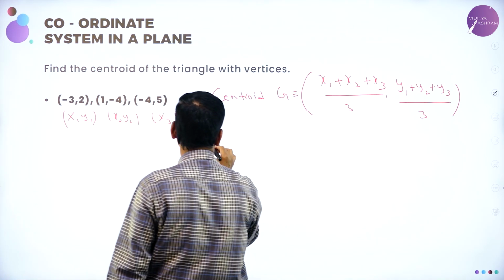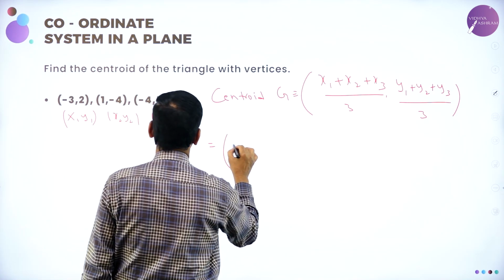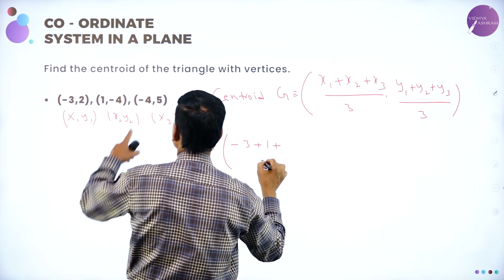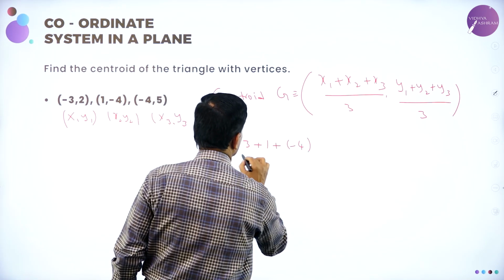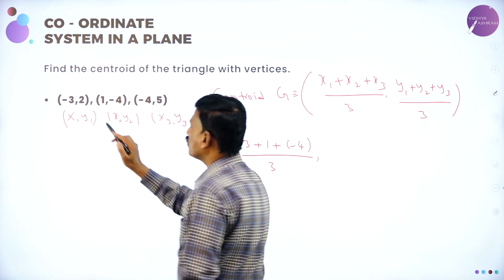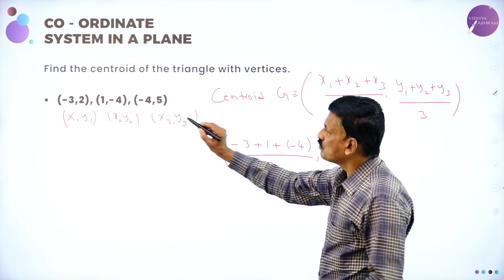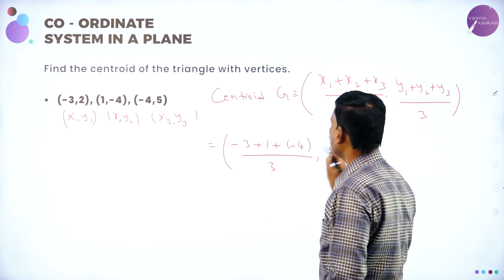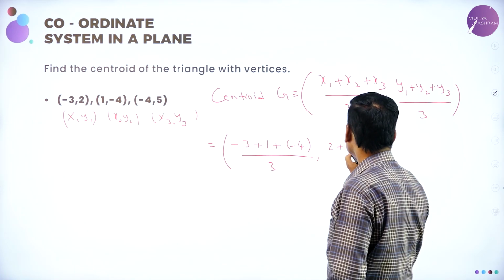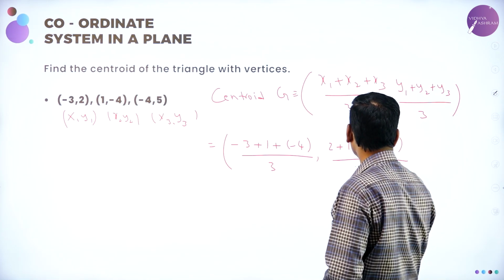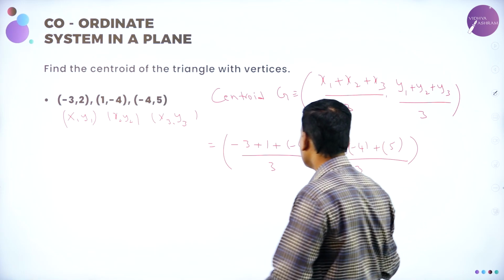Now, this is equal to x1 is minus 3 plus x2 is 1 plus x3 is minus 4 divided by 3, y1 is 2, y2 is minus 4 plus y3 is 5 divided by 3. Now, simplify this.